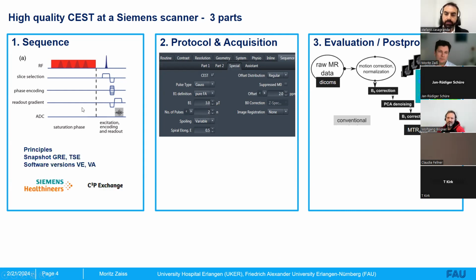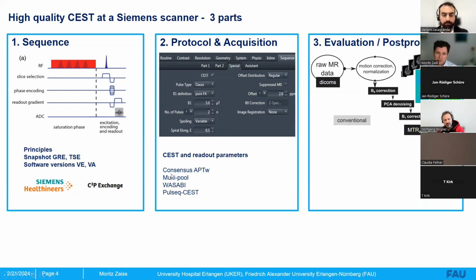For the sequence, I will go through some principles that are important in general. I will discuss what's available also on the Siemens C2P exchange, and what software versions are provided. Also Patrick Liebig from Siemens will show some slides about the recent VIP packages.